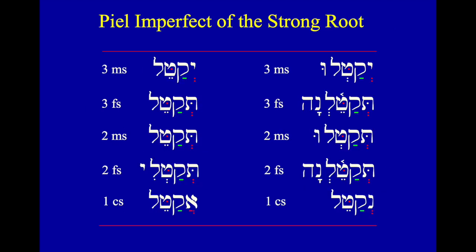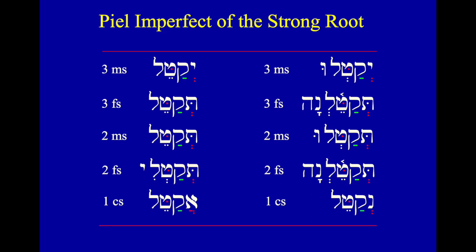So here is our Piel imperfect of our strong root. We're just going to use qatal here as our paradigmatic root, but you can see the 3ms form, yeqattel. If you just think of qatal being your root, you can see qatal in every single one of these different inflections, or how it's made specifically to fit with a particular gender and number, so 3ms, 2fs, etc. You can see every single one of these different options has the whole root qatal.